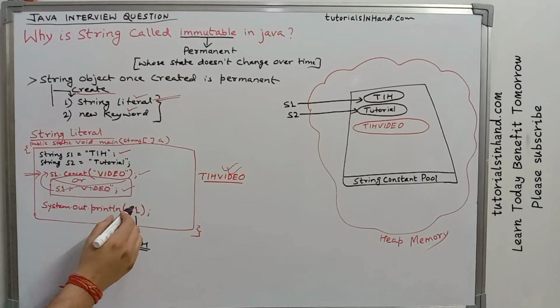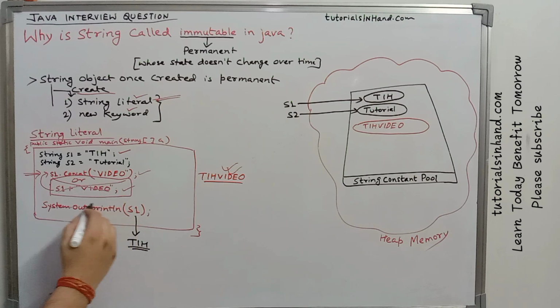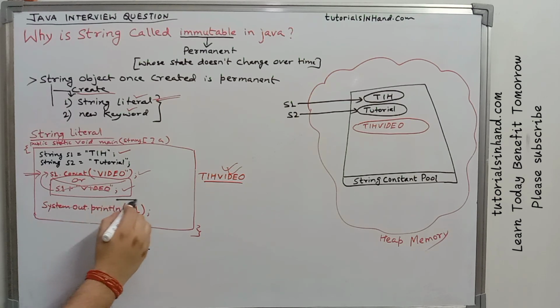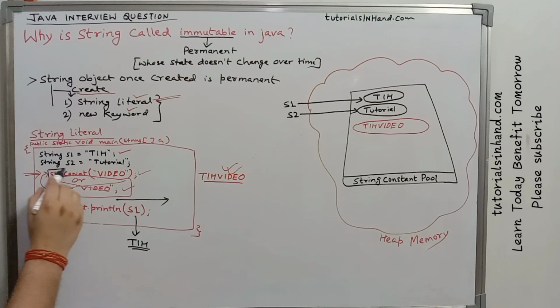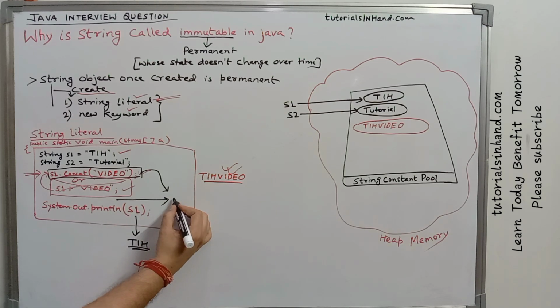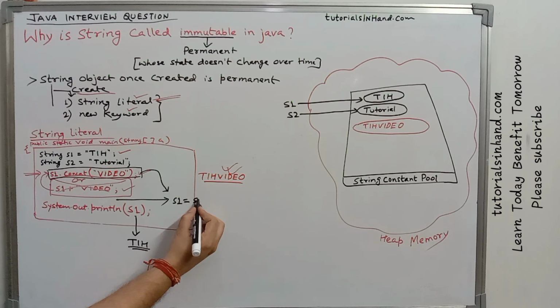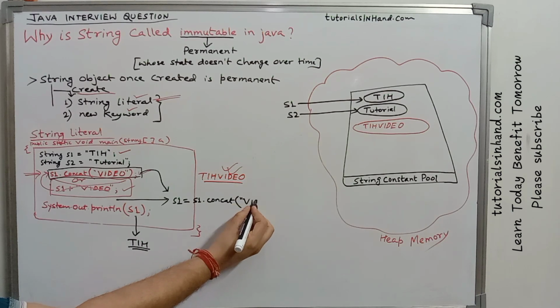If you want s1 to print this new TIH video value, then before printing you have to make sure that this line is written as I am going to show you below. That means over here you should write the line as s1 equals s1 dot concat video.